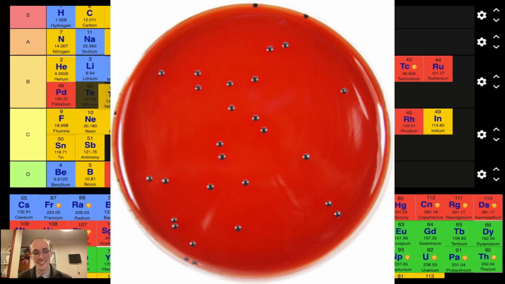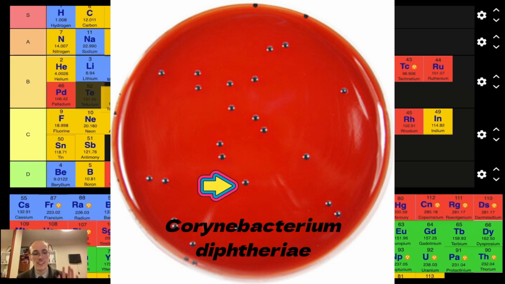That's a microbiology thing, so you grow bacteria on agar plates, and there are different agars for all different sorts of things. So Hoyle's agar is a selective agar used to differentiate Corynebacterium diphtheriae from other organisms in the respiratory tract microbiome.